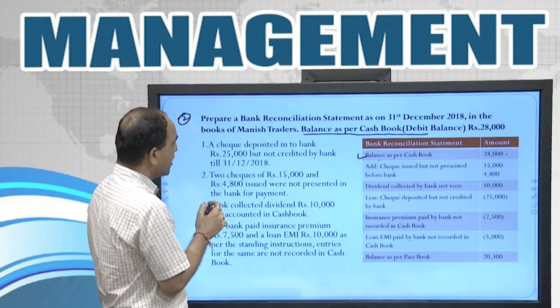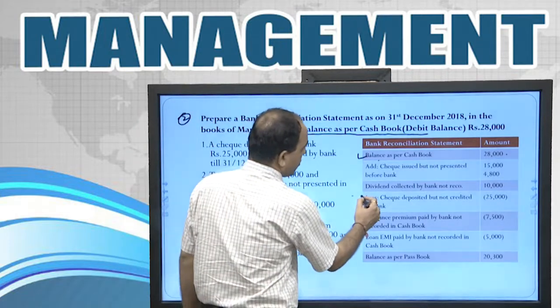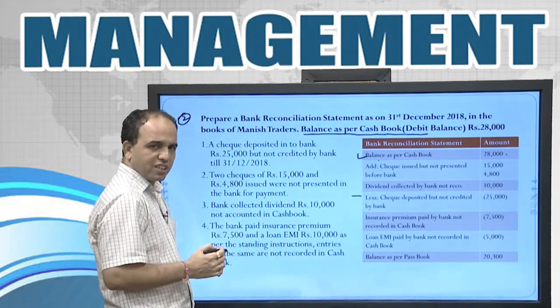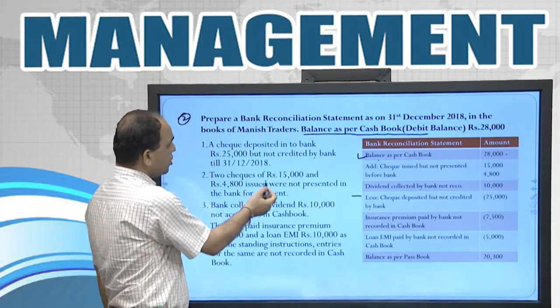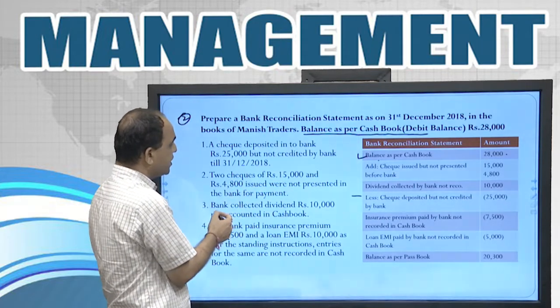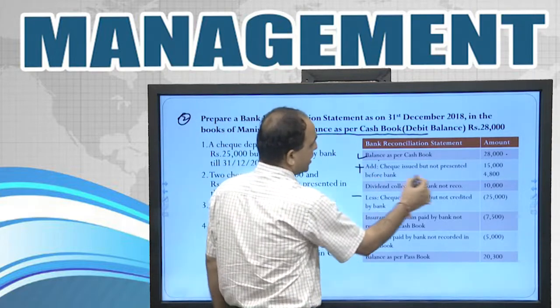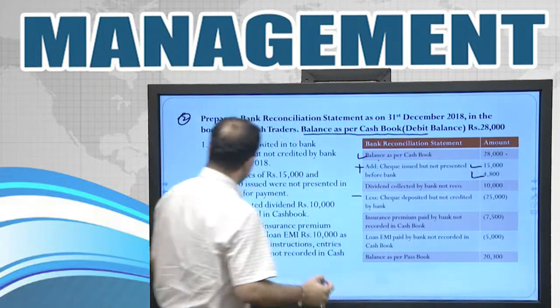So, that 25,000, whatever check we have deposited, we have to reduce it from our bank reconciliation statement. Two checks of 15,000 and 4,800 issued were not presented in the bank for payment, then we have to add it, plus the various checks 15,000 and 4,800.